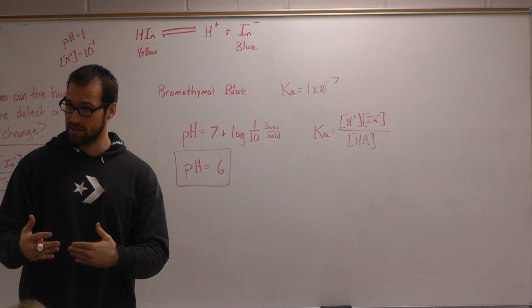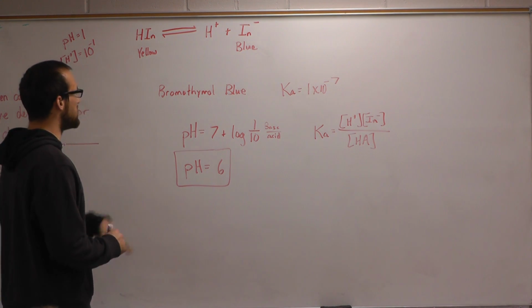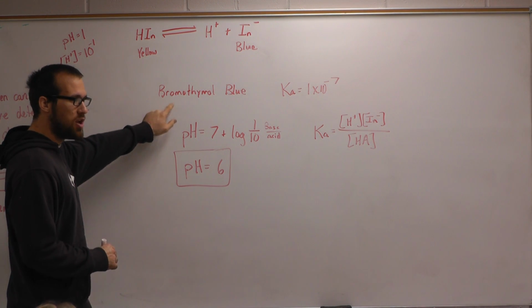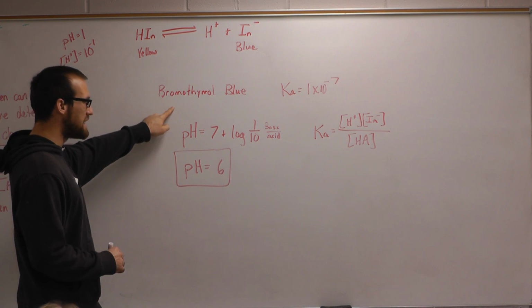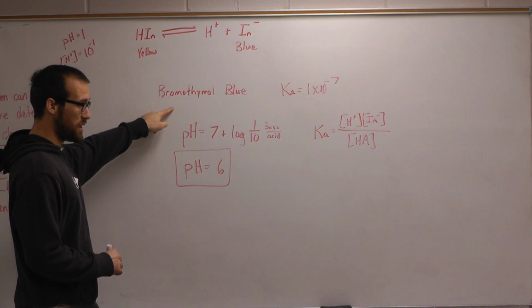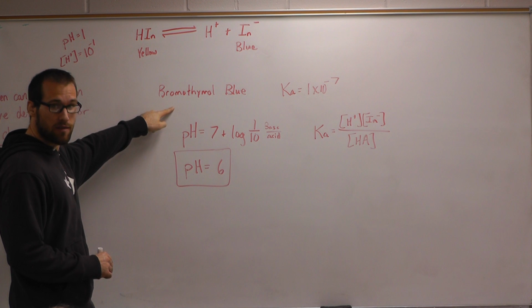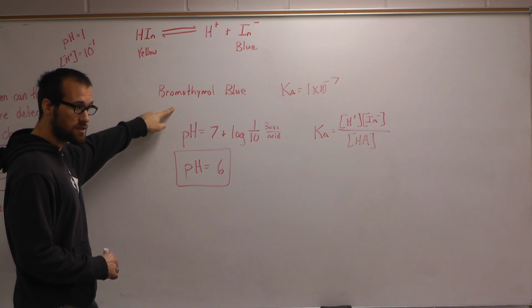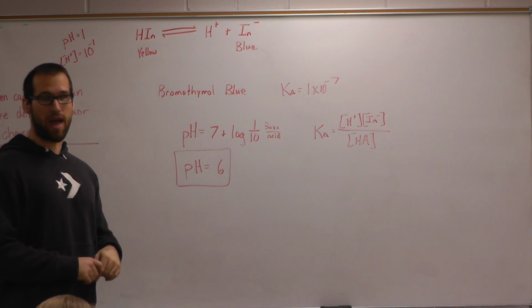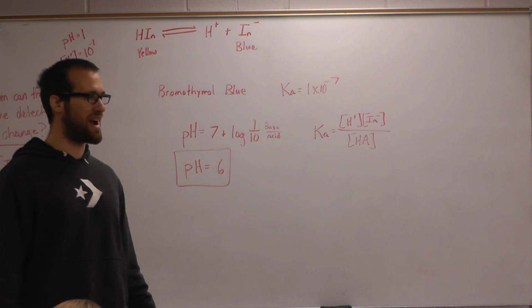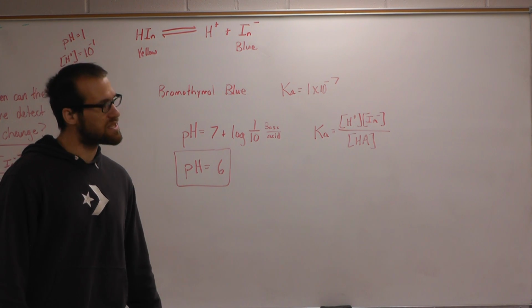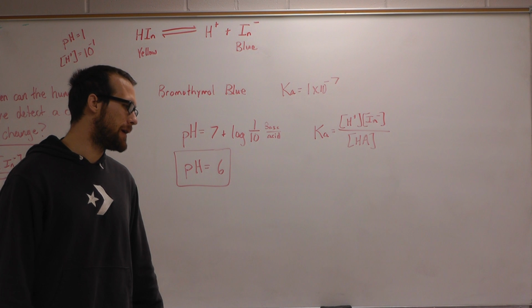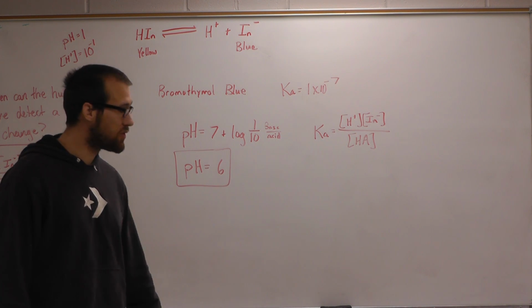If you were using the same indicator but titrating a base, what would your ratio be? 10 over 1. I'm glad you asked that, because this is how we're going to figure out which indicator to use.